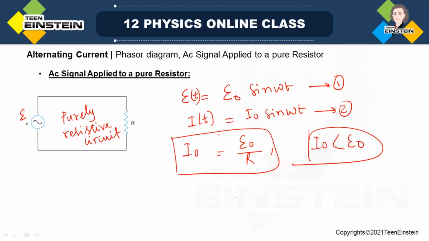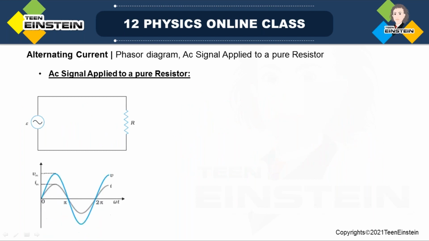So when voltage and current are in phase, you know what happens? Both current and voltage will have all their maxima and minima at the same point. You look at this curve, this is actually Vm.